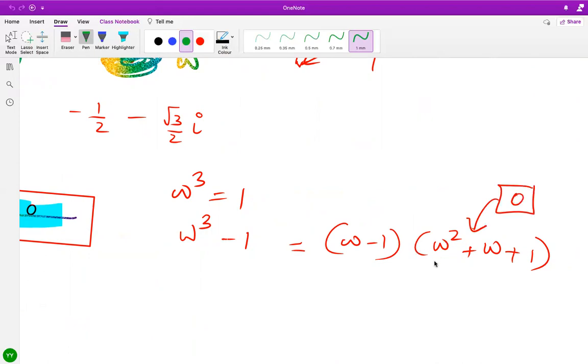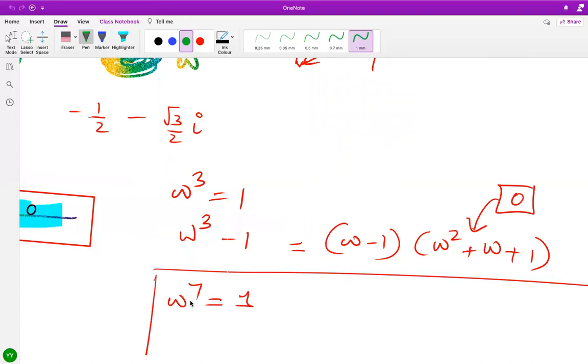There's another way to do this, because lots of times you're asked to prove these kinds of questions. Lots of times you'll be getting the 7th root of unity and all. So in that case, you might do it like this. Omega raised to 7, it is a different question, so don't get confused with this.